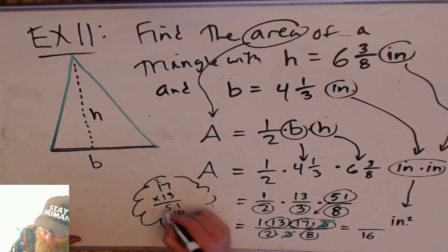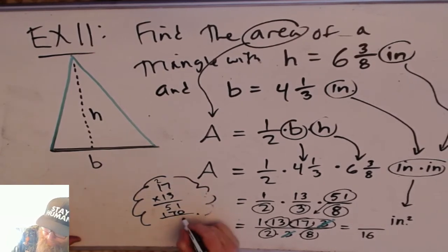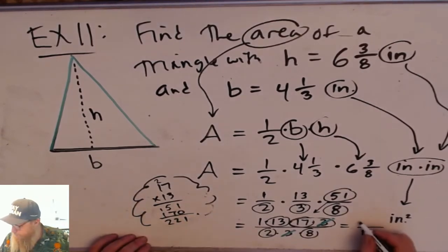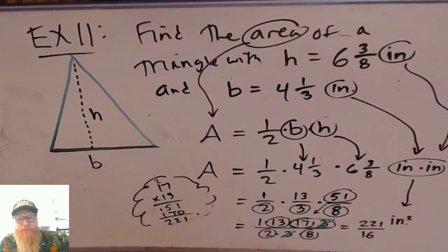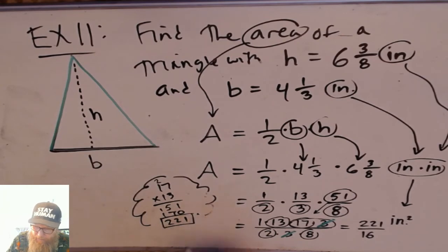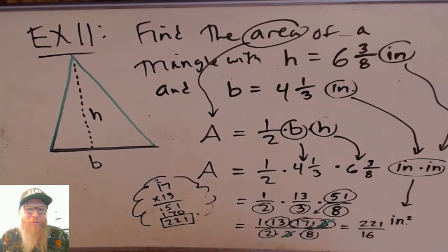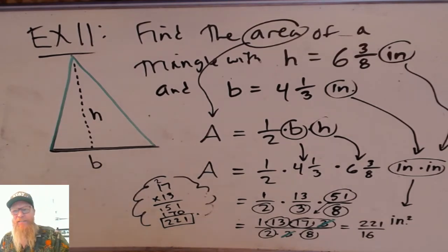Placeholder. 1 times 7. 1 times 1. 221. No wonder we never memorized that one. 13 times 17 is 221. Doesn't really run off the tongue very nicely.